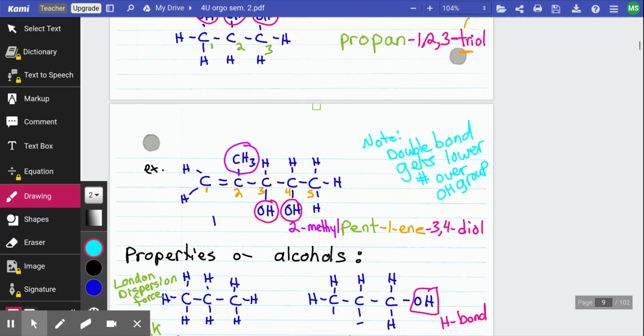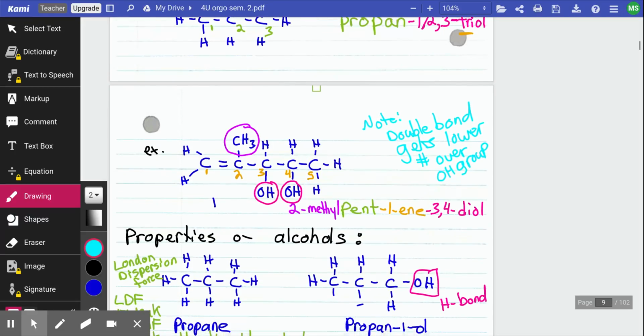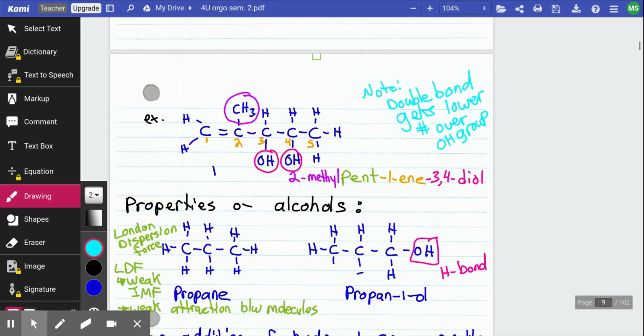But if we look at these two examples here, I want you to ignore the information I've written in green and pink. Our propane is carbon bonded to hydrogens. And if you go back and think about what we learned about polar bonds, this is all non-polar bonds.